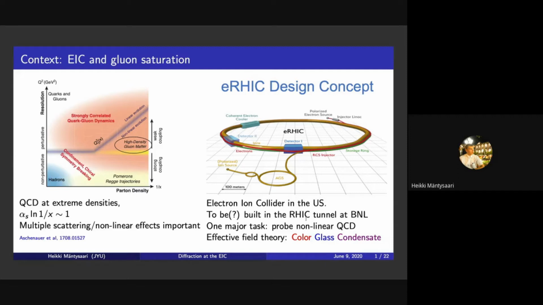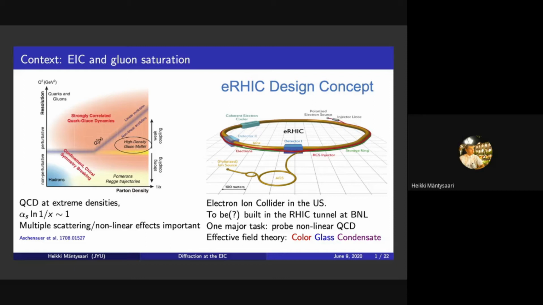One major task for this machine is to probe QCD in exactly this region of phase space. Now, I don't want to go into the details of US funding agencies and politics, but let's just say that this new $1 billion machine looks good, and it looks like it will be constructed within 10 years.